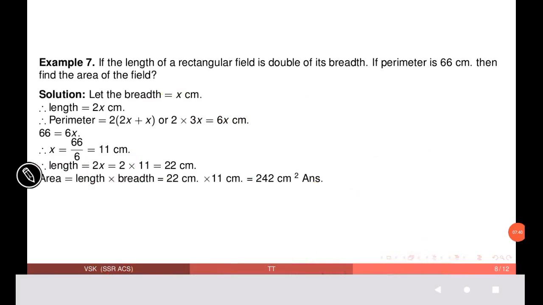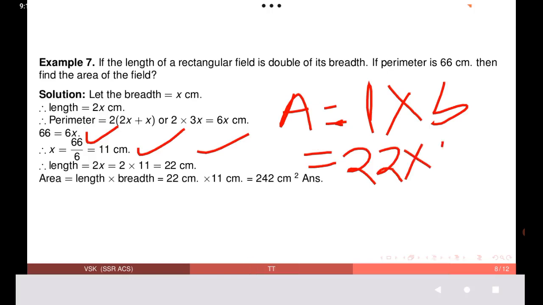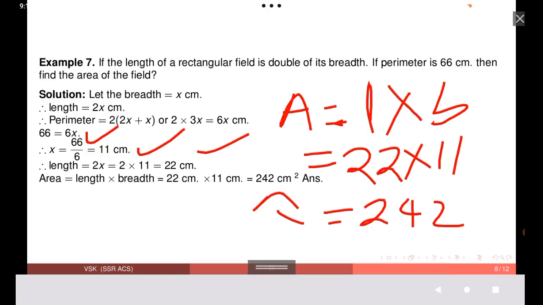And from this we find the value of x is 66 by 6, that is 11. So length will be 2 into 11, that is 22. So area we know it is length into breadth. So once we know these two values, it is 22 into 11, so it is 242. So this is the answer.